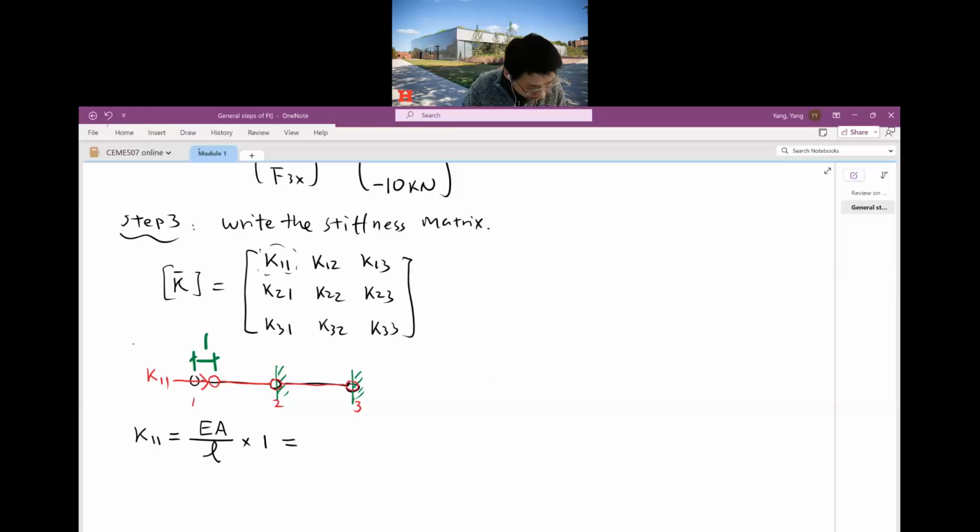So that's equal to, we have already got the numbers, 210 gigapascal times the area, that's 4 times 10 to the minus 4 meters squared, over the length. The length is 1 meter here, times 1, so that we can get the gigapascal times meters.